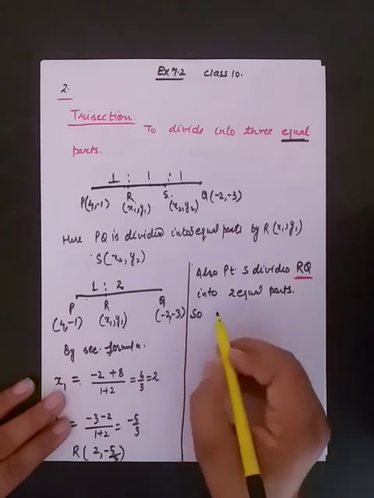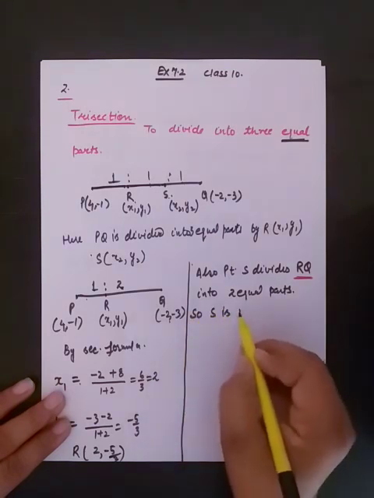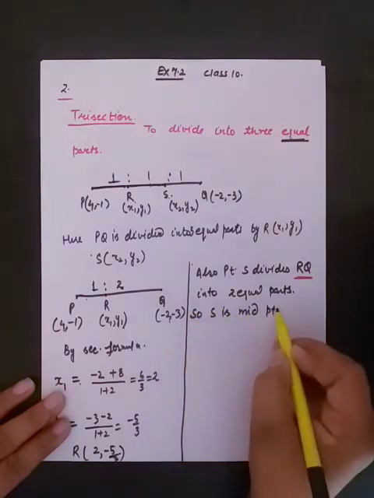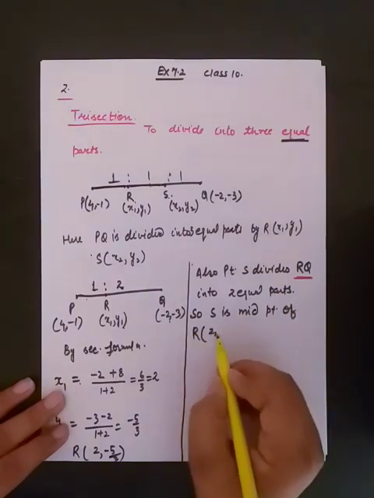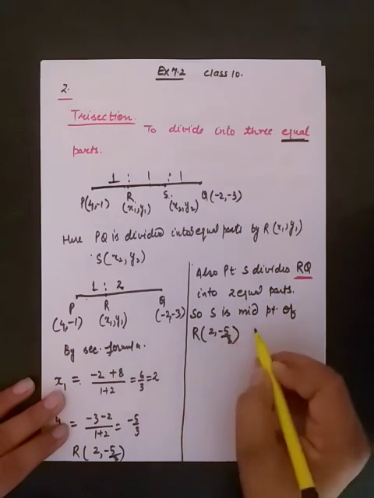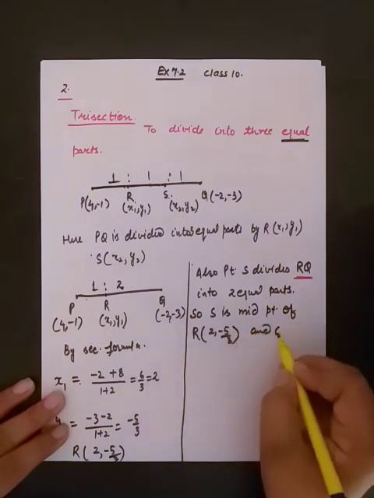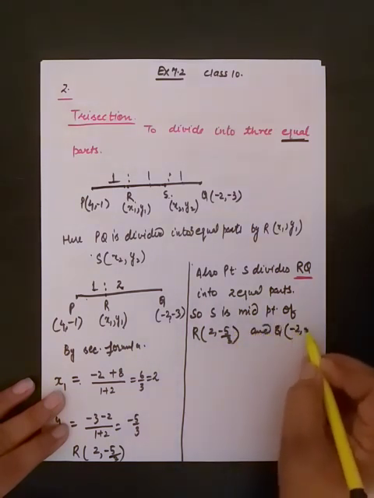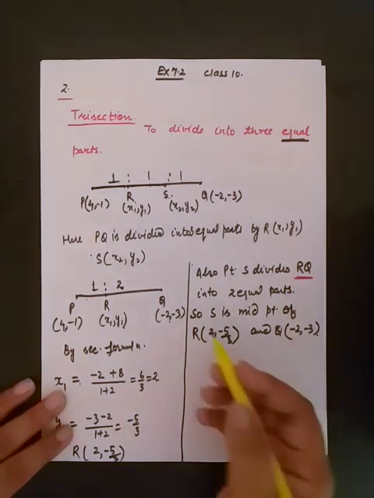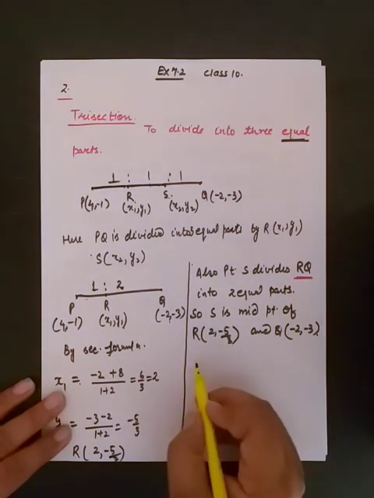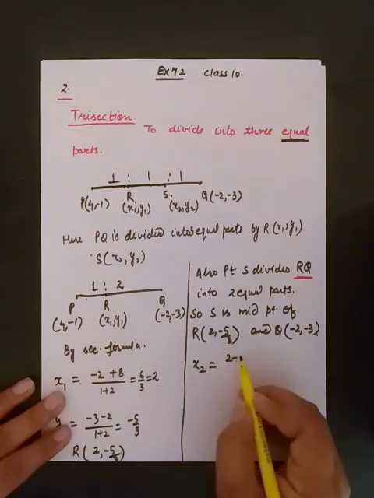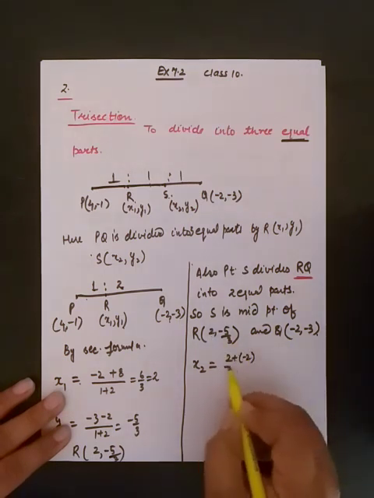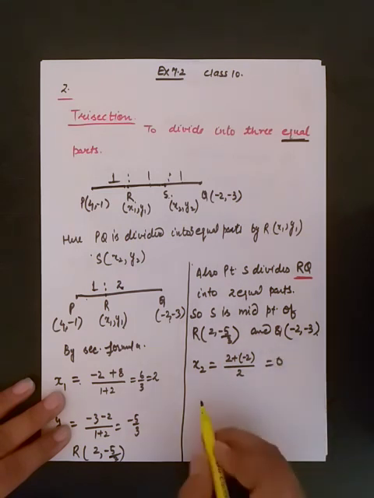So S is the midpoint of RQ. The coordinates of R are 2 and -5/3 and the coordinates of Q are -2 and -3. So the coordinates of S can be given as x2 equal to the sum of these two abscissas divided by 2, and this will be 0.